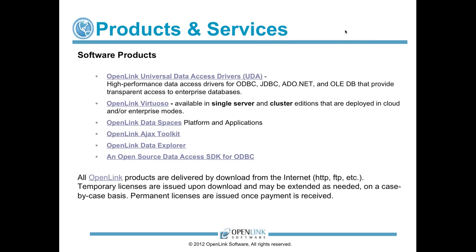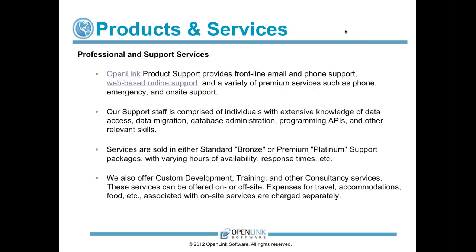OpenLink Software is a long-established data integration and virtualization and storage middleware vendor. Our main products are our universal data access drivers for ODBC, JDBC and ADO.NET, as well as the Virtuoso Universal Server, which is the main subject of this presentation for the new release.